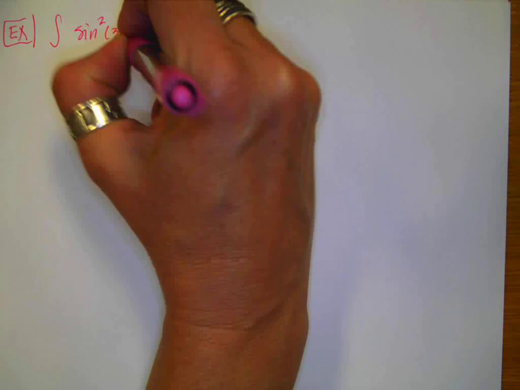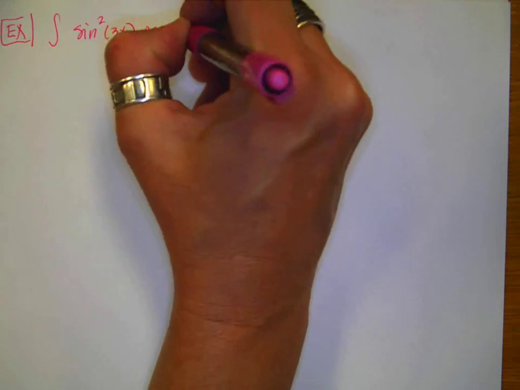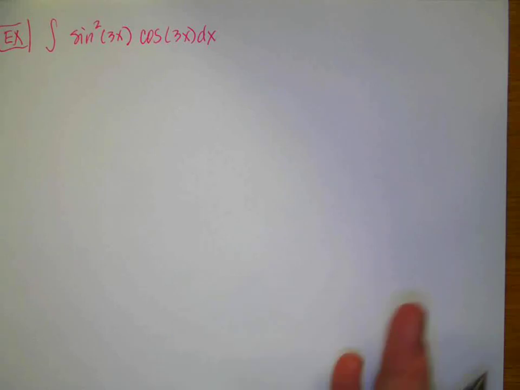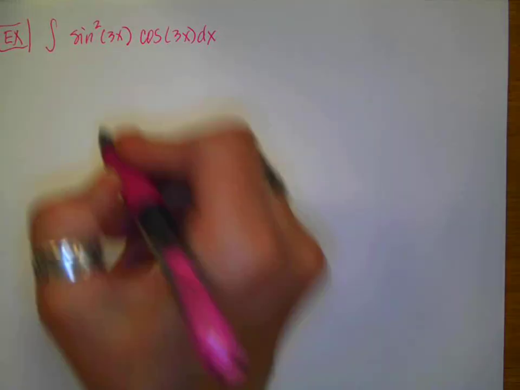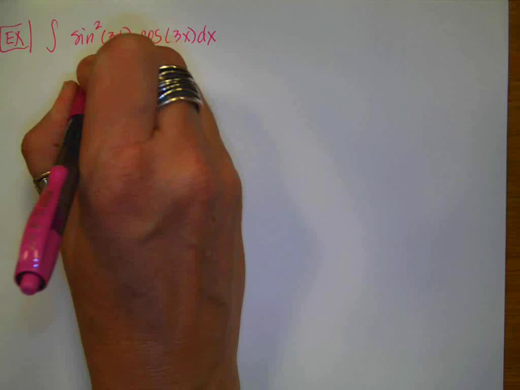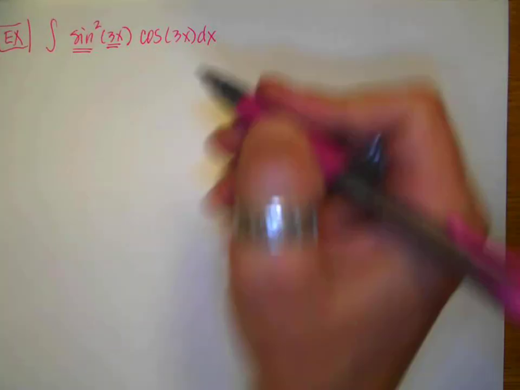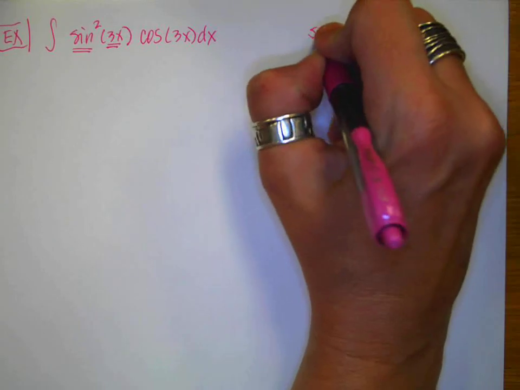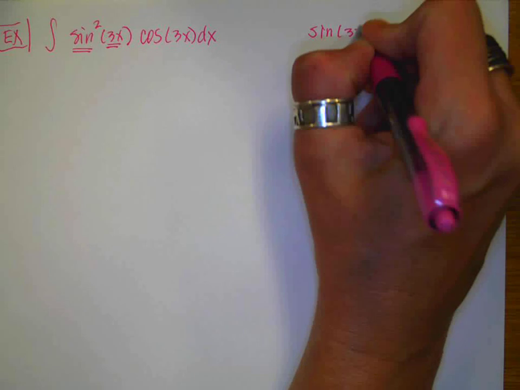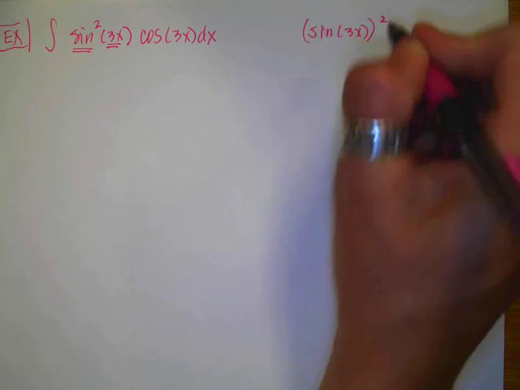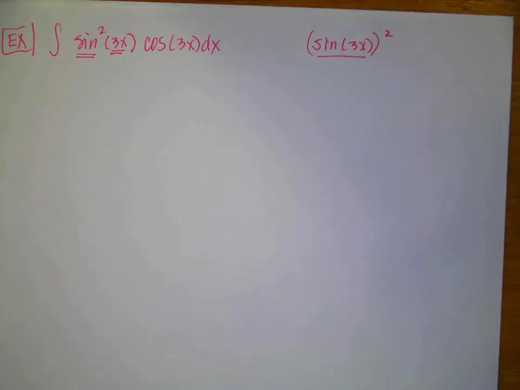I have the integral of sine squared of 3x times the cosine of 3x dx. Yay trig. Remember, again, I want to start on the inside, so I'm going to let my inside be this, because sine squared 3x is the same thing as the sine of 3x quantity squared.